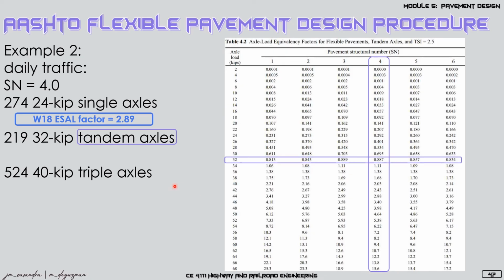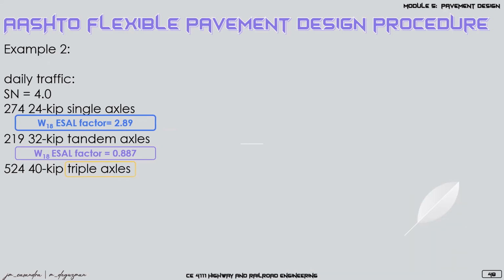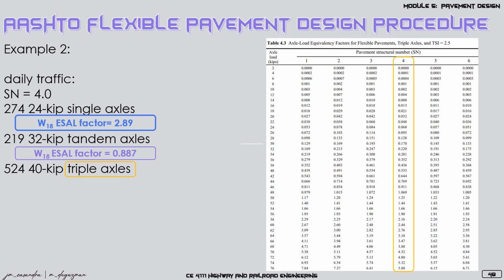So 32 kip under structural number 4 will give us 0.887. And then for the triple axle, we use Table 4.3. For 40 kip under structural number 4, we have an equivalent single axle load factor of 0.533.